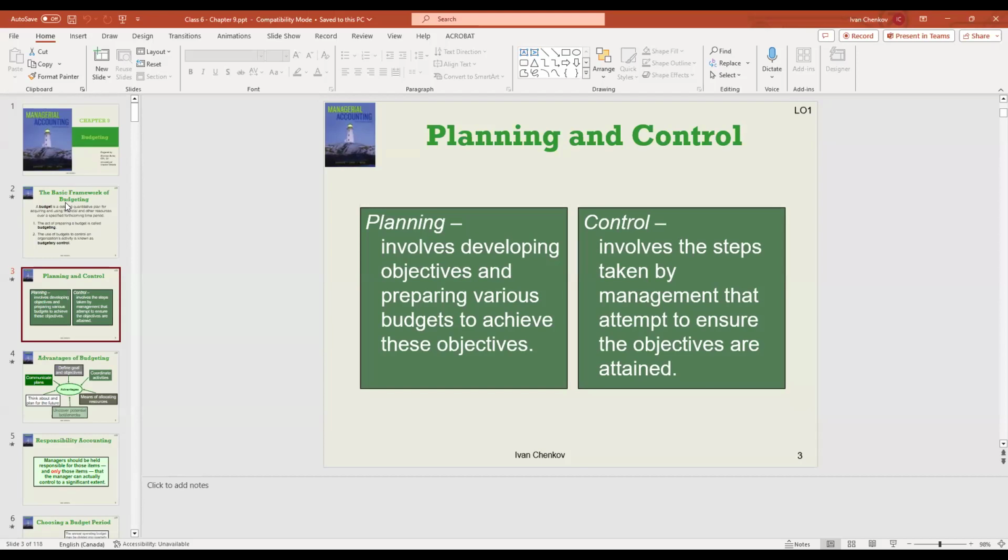So basically, control is in your favor. Once you have your goal, you want to reach your goal, correct? So you have to do some checkups, or implement some control, to make sure that you're actually on the right track to achieve your goal and get your objectives.